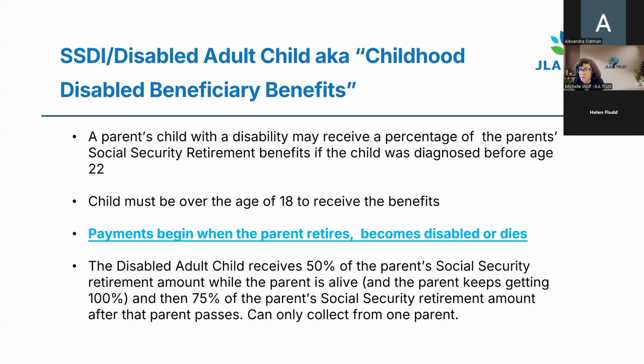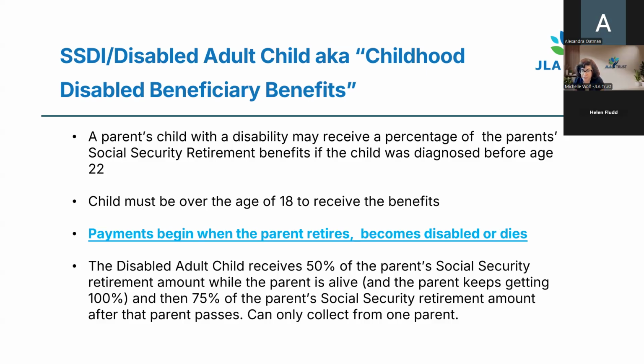Mary, who was diagnosed with autism at age 3 and is now 40, is going to get $600 a month while John is alive. And then after John passes, Mary will receive $900 a month, based again on the dad, John's earning record.